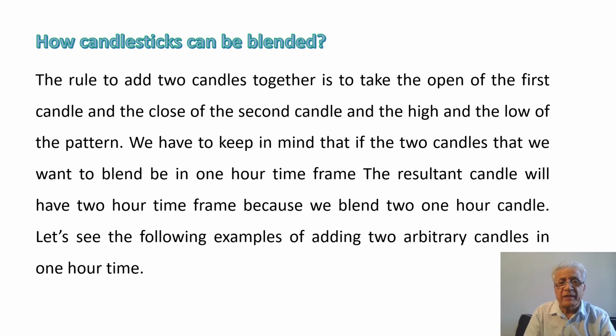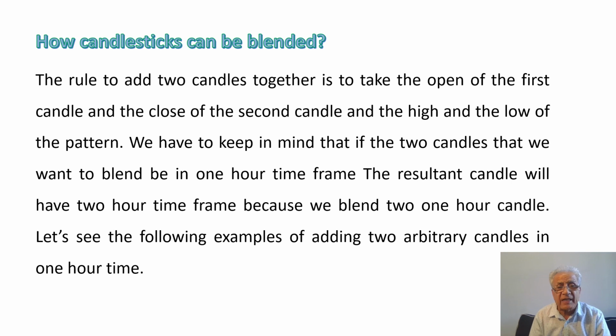We have to keep in mind that if the two candles that we want to blend are in the 1 hour time frame, the resultant candle or the blended candle will have a 2 hour time frame because we blend two 1 hour candles.